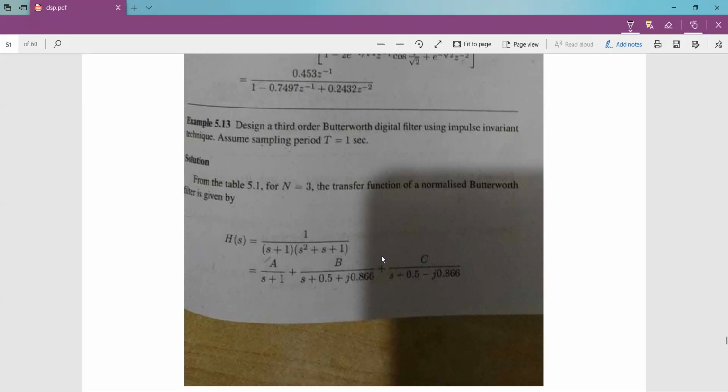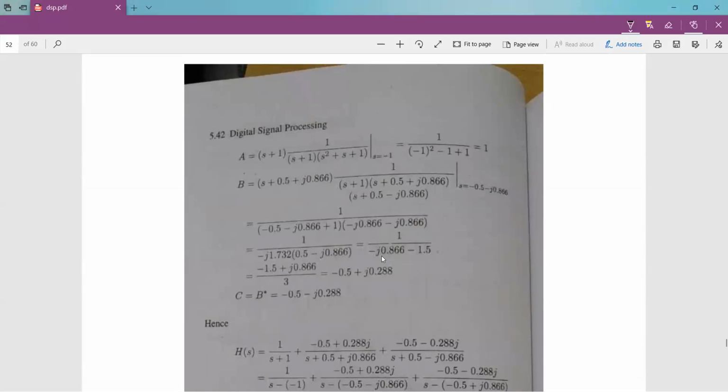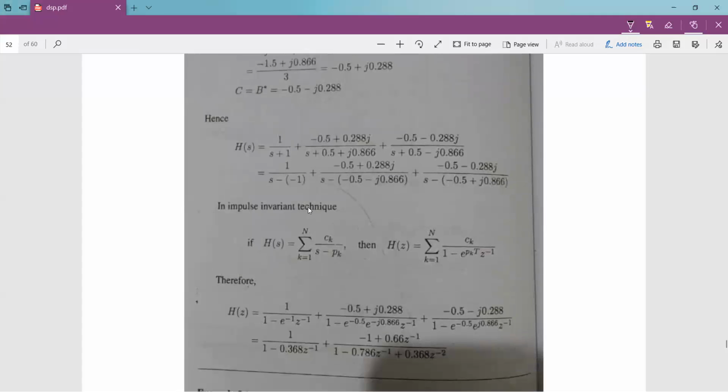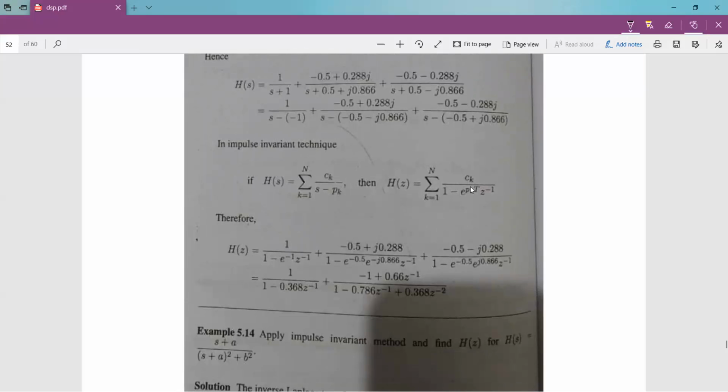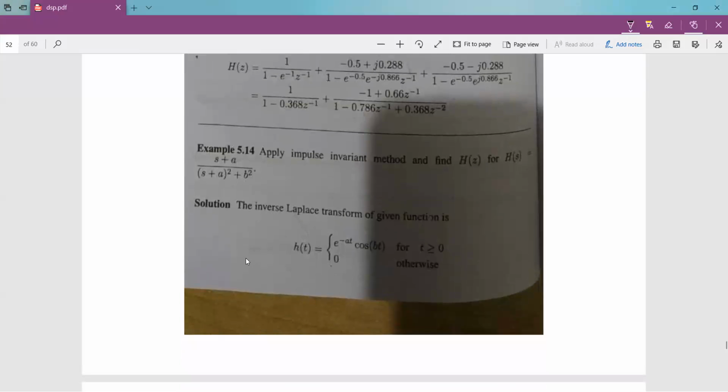Here you may take the partial fraction of that in terms of single poles. After that, you may find the corresponding coefficients, and this will be the form of the normalized transfer function in terms of single poles, and using the transformation method in the impulse invariant technique, you may obtain the expression of Hz, and finally you may add all these terms to get the final form of the digital response.